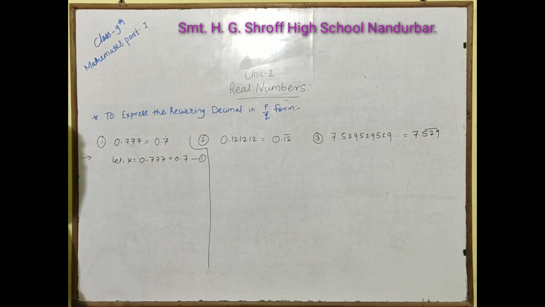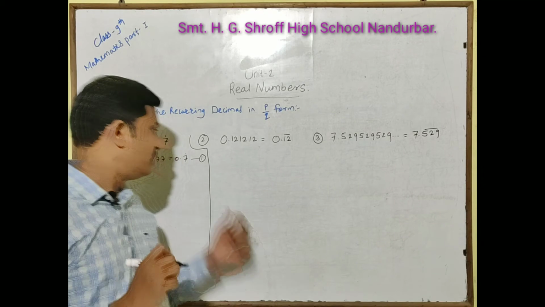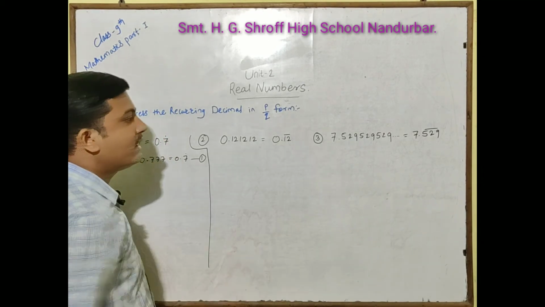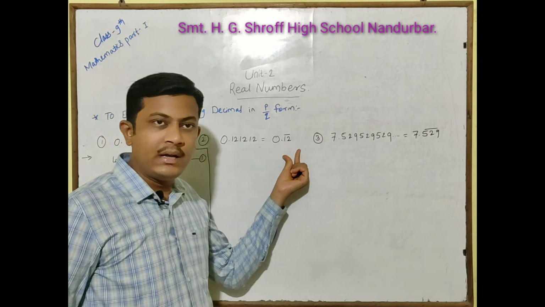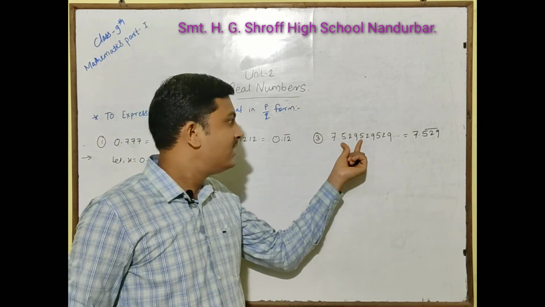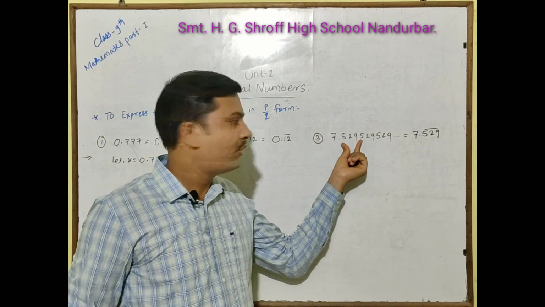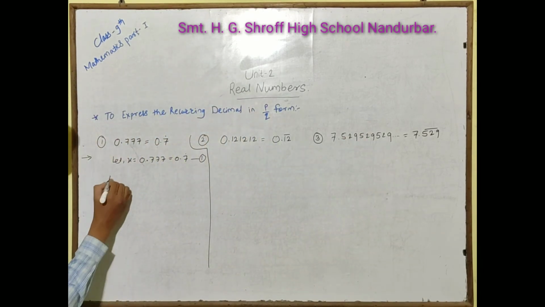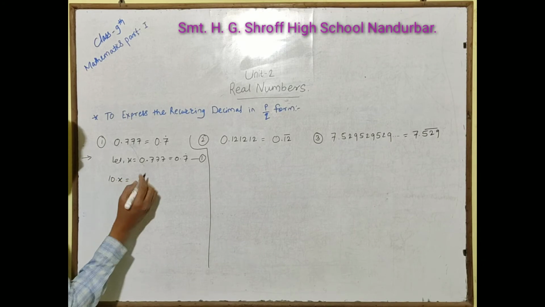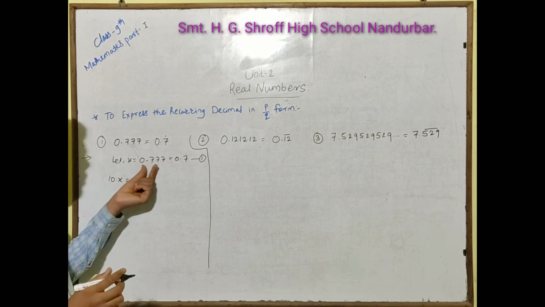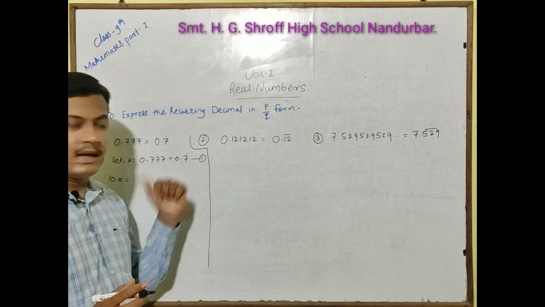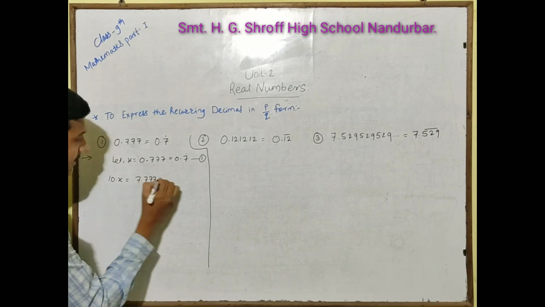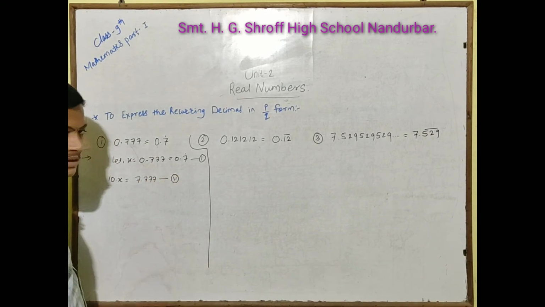If one digit is recurring, we multiply by 10. If two digits are recurring, we multiply by 100. If three digits are recurring after the decimal point, we multiply by 1000. So 10x equals, if we multiply 0.777 by 10, we get 7.777. Call it equation 2.